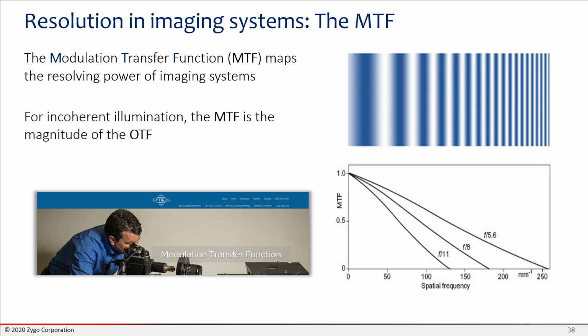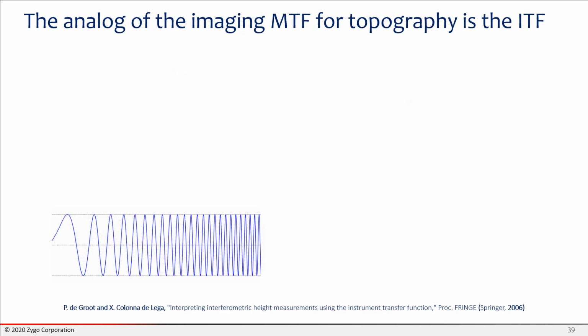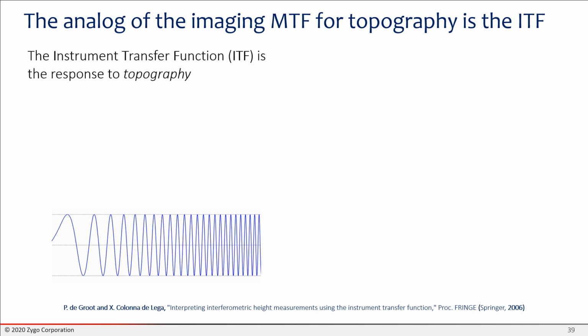That's characterized for incoherent imaging by the optical transfer function. The analog of the imaging modulation transfer function for surface topography is the instrument transfer function. If the system is linear, you can use this instrument transfer function, which tells you how the interferometer, the measuring instrument, will respond to topography variations.